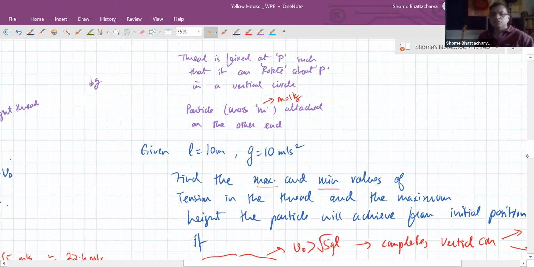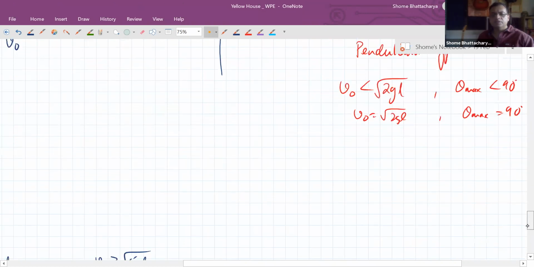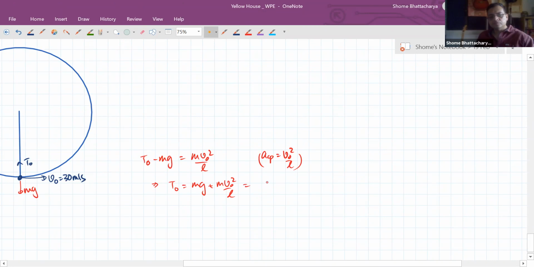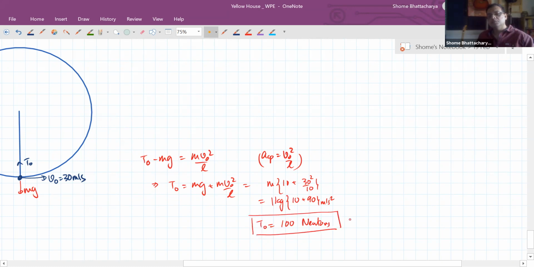Let's take it as 1 kg, so that we can get the numerical answer for this tension. So 100 newtons is the tension at the lowest point. This will be the maximum tension.